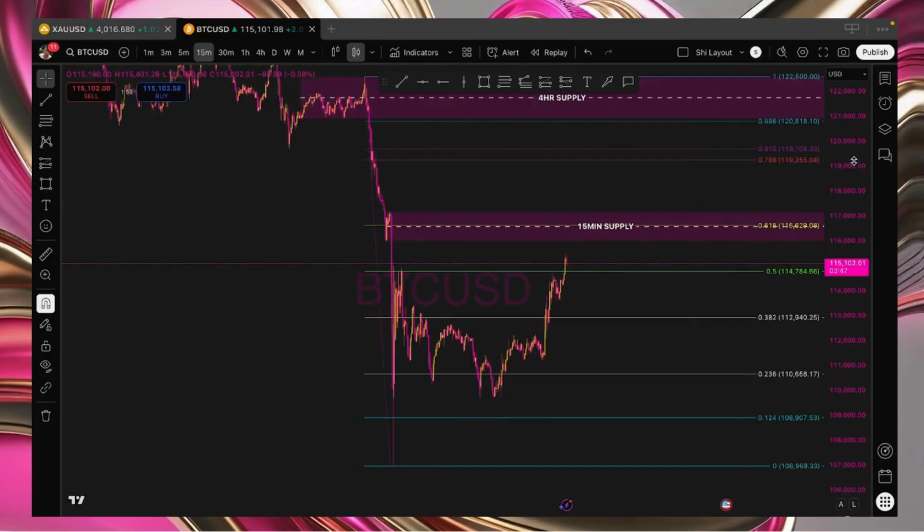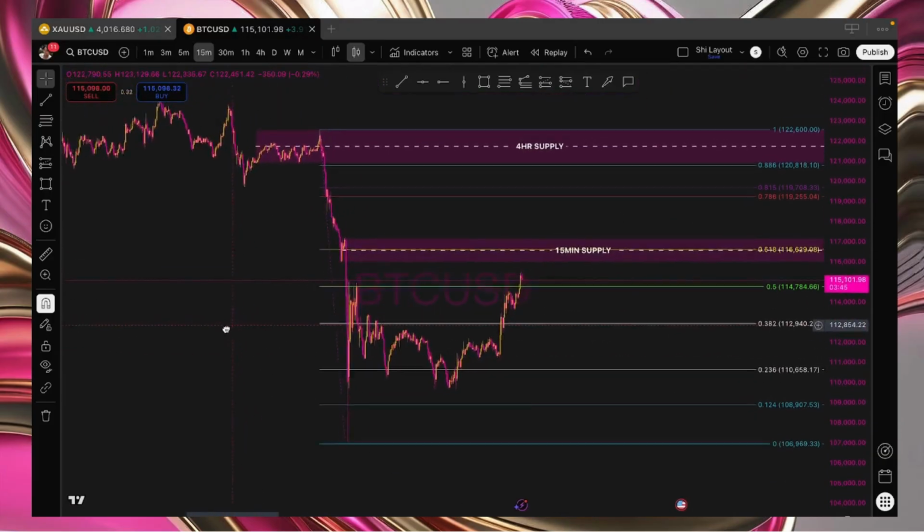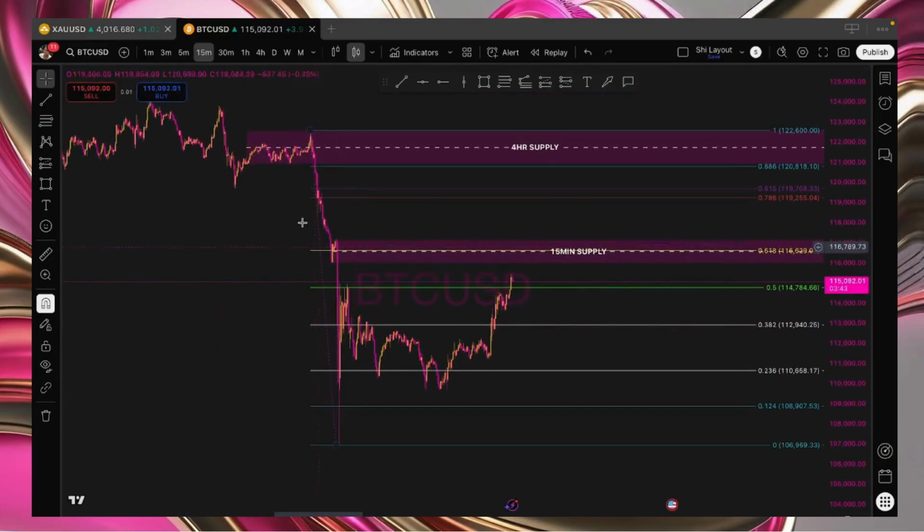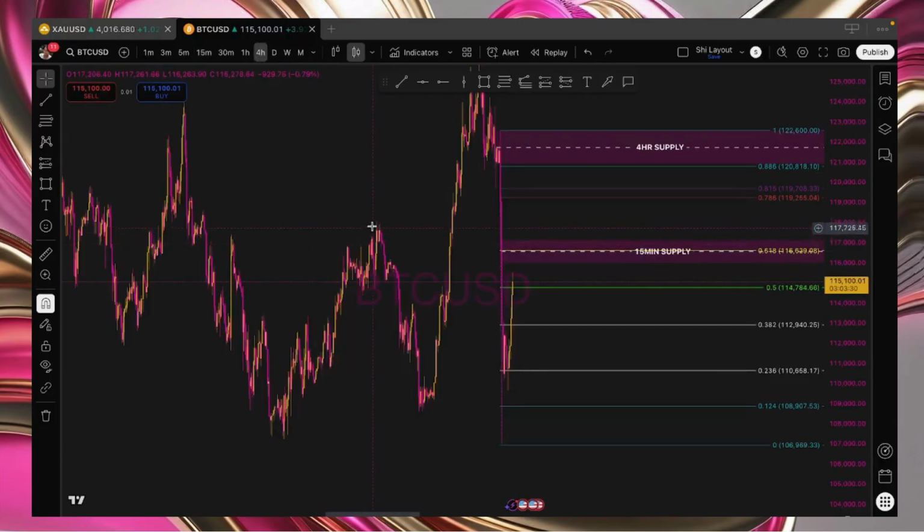Take it how you want to. This is just my breakdown and how I see the charts. I don't do all that extra stuff. I don't talk about unicorns and fairies and stuff like that. I talk about simplicity, like what I need to see coming out of this zone in order for me to take the trade, right? Also, if you look on a 4-hour chart, you do have a level of resistance right here, like it hit this multiple times and then it dropped, right?